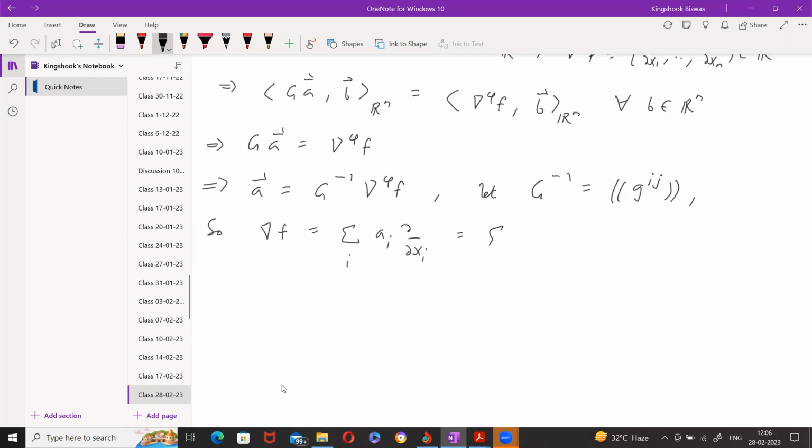So this will be the sum over i, and inside I have a sum over j, G upper ij del f del xj, the whole thing times del del xi. Is this clear?